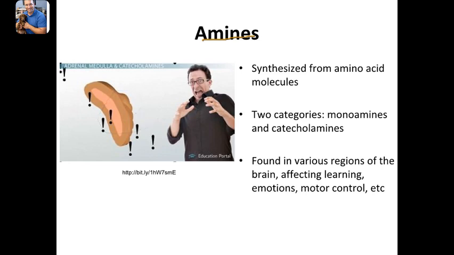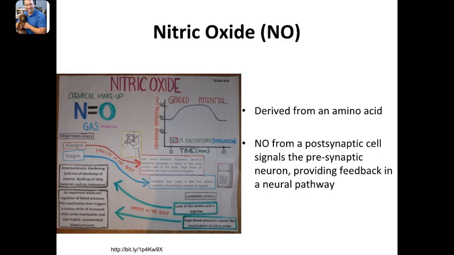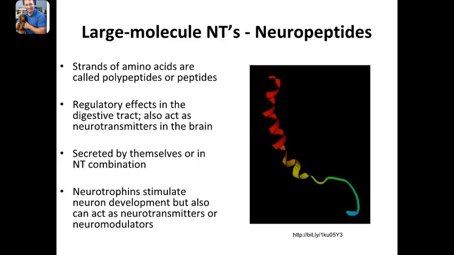Nitric oxide is another neurotransmitter. These are just FYIs, examples of them, okay? Here we've got a very complex structure, strings of aminos performing a specific function. It's like a big CVS receipt, right? Very complex.